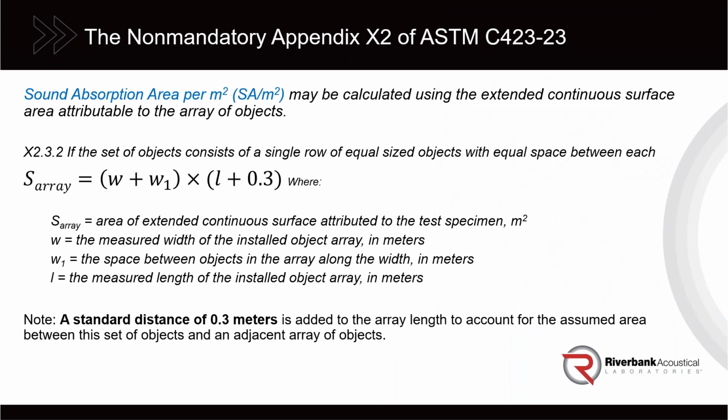It could be added, maybe as an X2.3.3 for overlapping arrays. That's a rare configuration, but I've seen it. I know exactly what you're talking about. Yeah, it's currently not defined, but it's something ASTM could add to the standard. Okay.